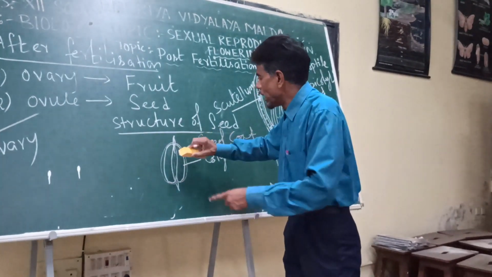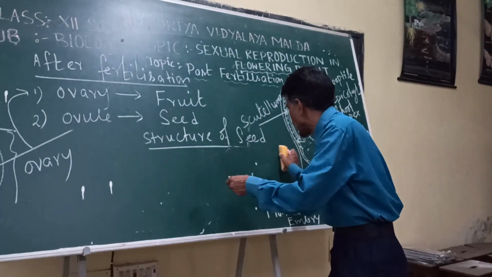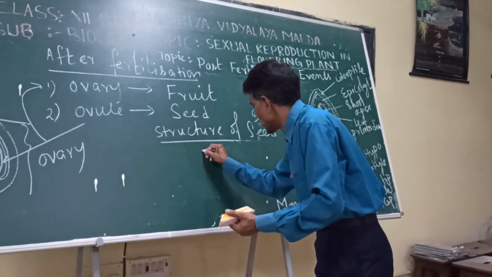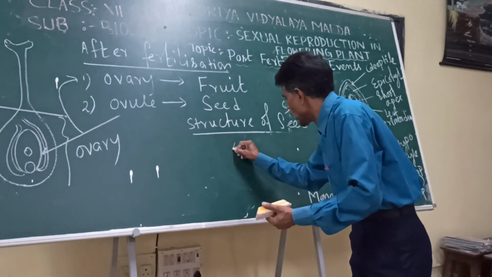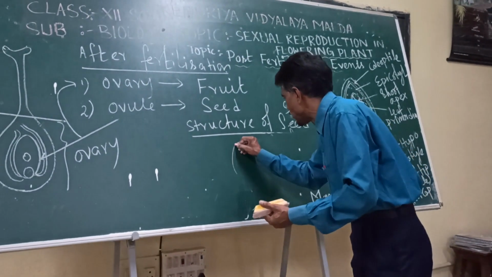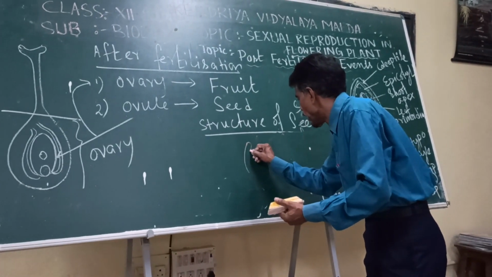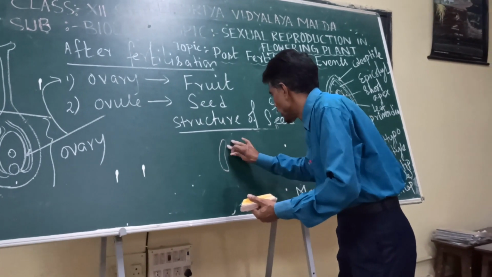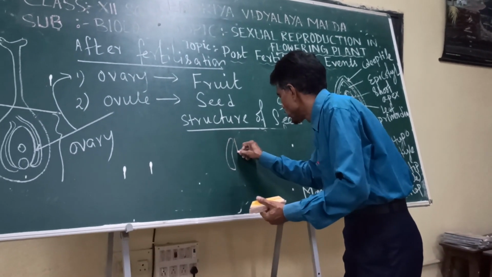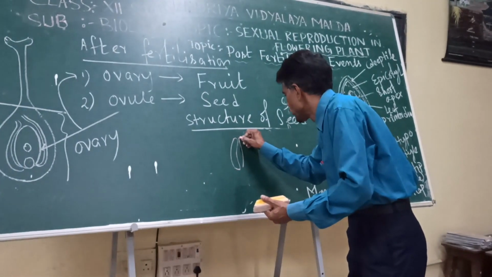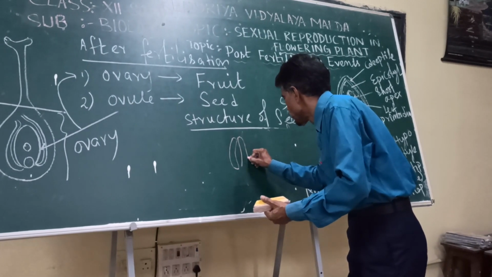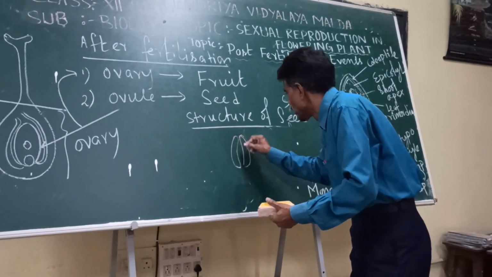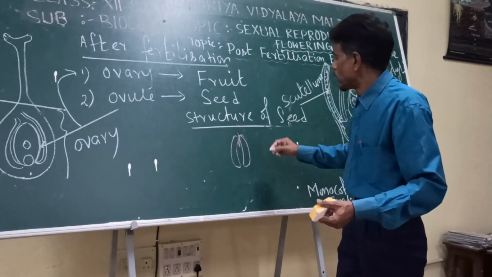Now, if I simply draw a diagram of an entire seed, you will see the two cotyledons, as I have told, as I have drawn the diagram also. These are the two cotyledons, the embryonal axis.